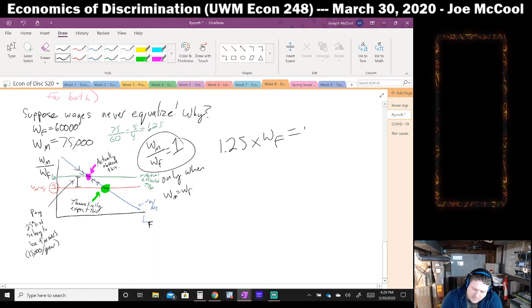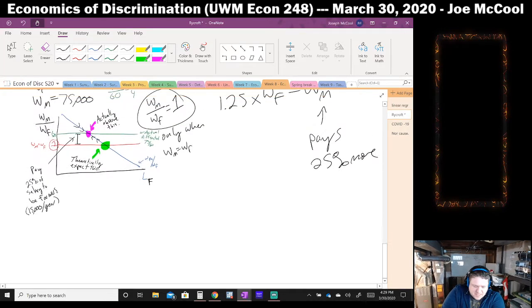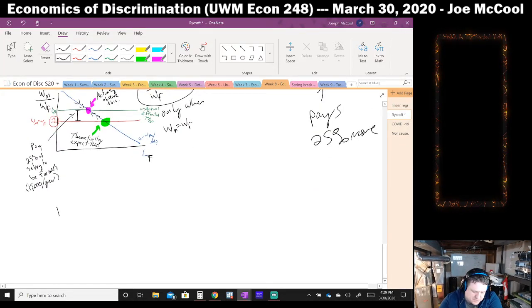So being a miner pays 25% more than being a farmer, and that gap never goes away. If it doesn't go away, we have what are called compensating differentials.